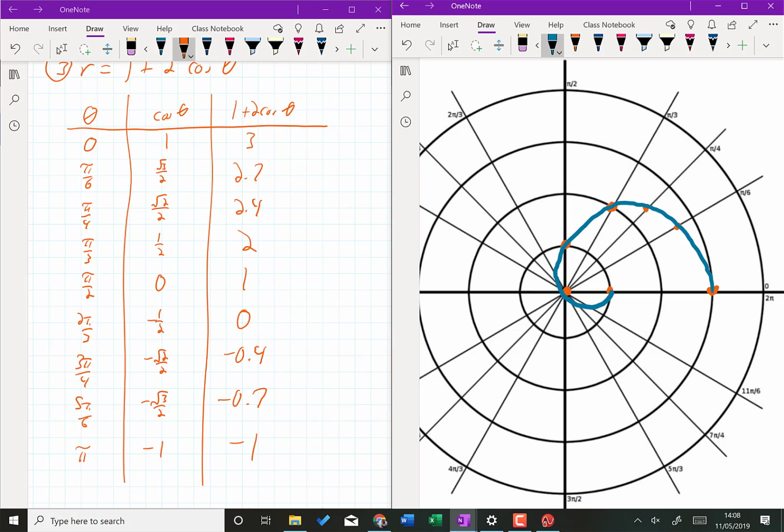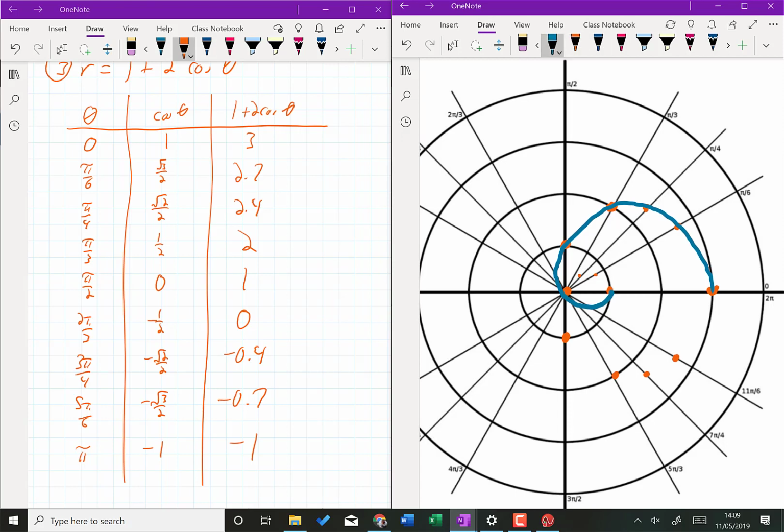Where do you think the next set of points are going to be plotted? They're the same points because it's the same values, just reflected. So let's do that and reflect these. Meaning we were at 0.7, 0.4, 0, 1, 2, 2.4, 2.7, and then back out.